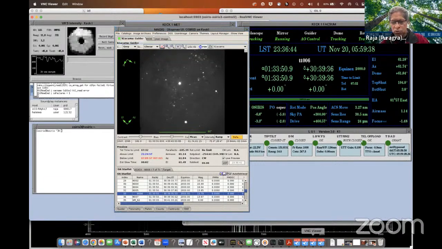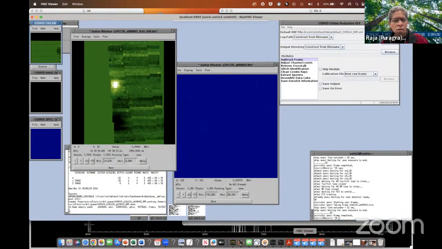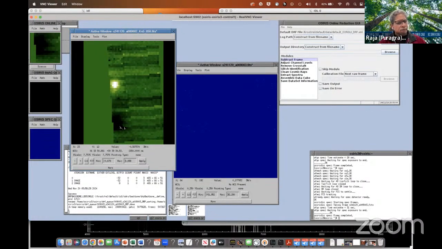Let me show you some of the other images. So we've placed the star cluster at the edge of this rectangular field of view. And we are doing what's called a 2-point dither pattern. We are occasionally putting the star cluster here, occasionally putting the star cluster down here. And we've taken a difference between those two, so you're getting a positive and a negative version of the star cluster.